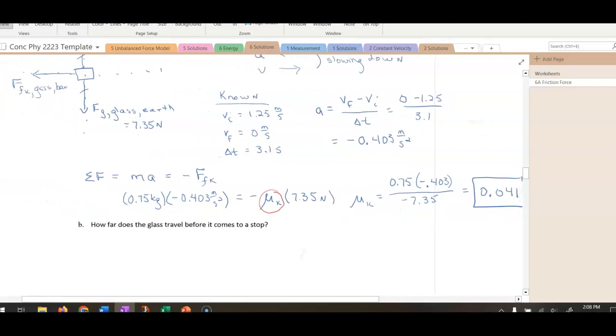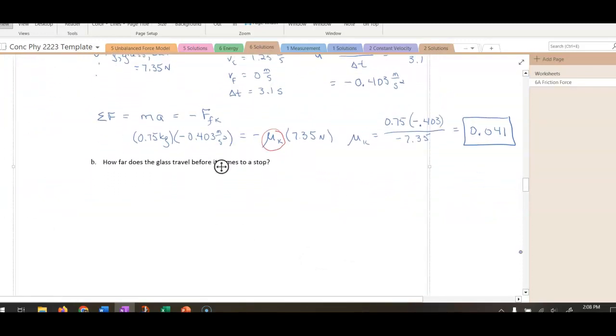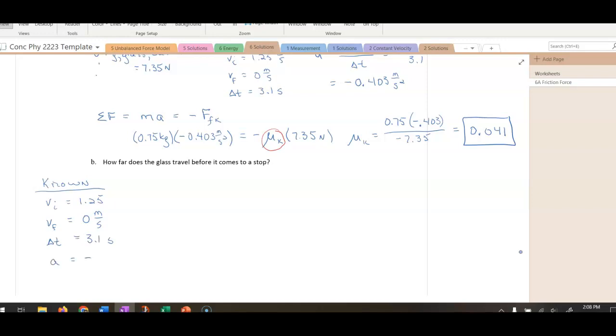Okay. And then they're asking me how far the glass will travel before it comes to a stop. This sounds like another kinematic equation, right? So let me make a list of what I know. Again, I know the initial velocity, I know the final velocity, I know the time. Now I know the acceleration. I can really use any equation I want that has delta x in it.